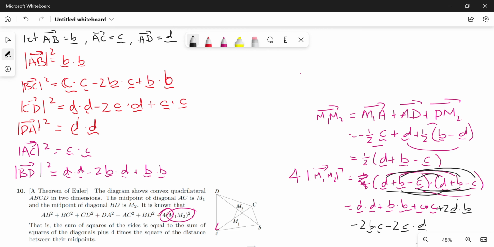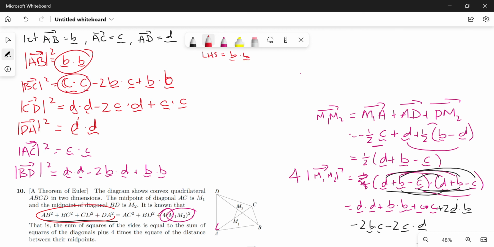Let's see if they fit in this equation. So we'll take the left-hand side, which is all my red stuff. Left-hand side equals that, which equals, and then look at all my red stuff. So I've got b dot b, b dot b. I'm going to collect stuff.